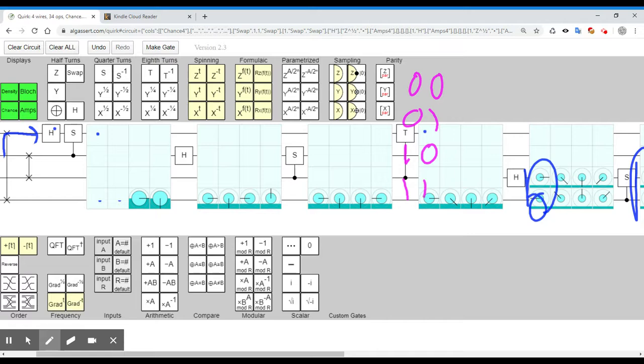What's the reason why you should use an S and a T? Because you're basically moving from 2 states to 4, right?